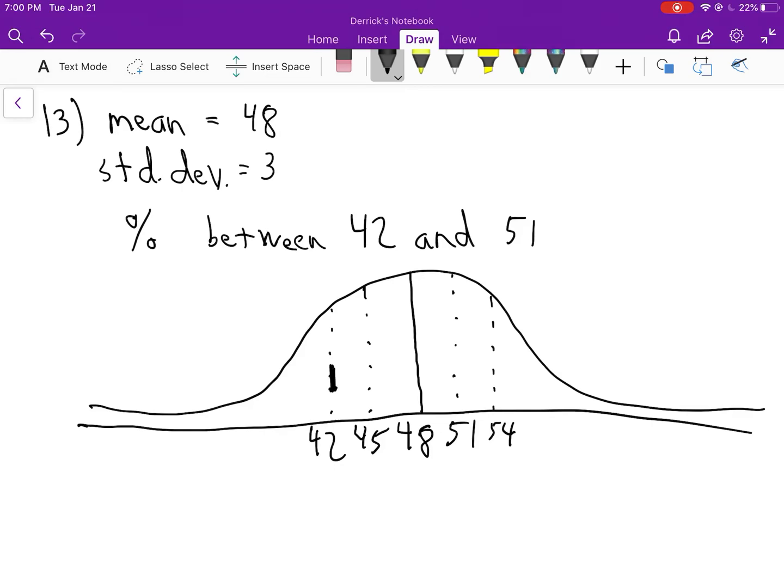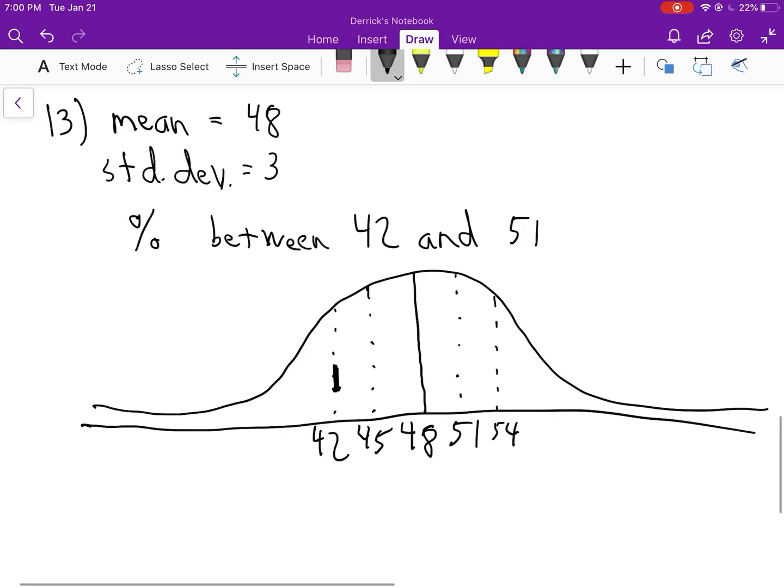To get to 42, I had to go 2 standard deviations below the mean, to the left. To get to 51, I only had to go 1 standard deviation above, to the right. So it's not going to be an exact answer off the empirical rule. We're going to have to do some work to find this.